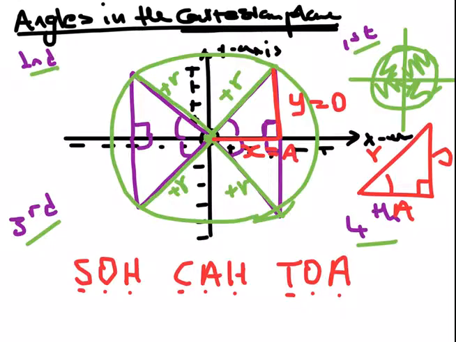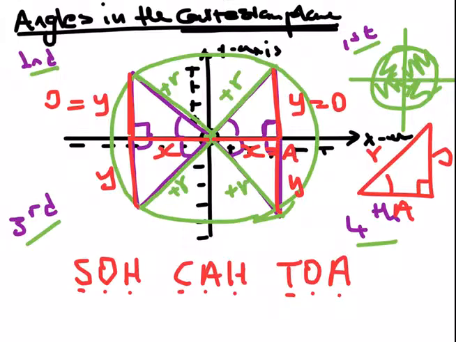So the nice thing about having these on a Cartesian plane is that this vertical side will always be our y, being the opposite, and that will always be our x, being the adjacent. Same here, our y is our opposite, and our x is the adjacent. So as we continue with this topic, just always remember that our opposite is now y, our adjacent is x, and the hypotenuse is r.